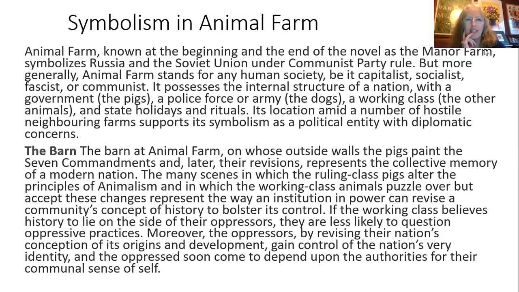Coming back to the symbolism, we now have 2 slides about the symbolism of the barn and the windmill. I want you to read through these 2 slides and then tell your partner what the barn and the windmill represent, what they are symbolic of. Okay, pause now to read this screen silently.